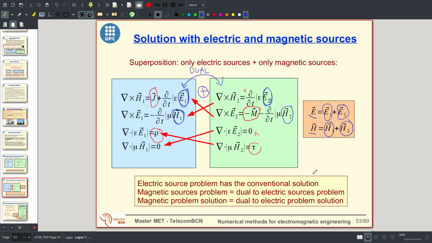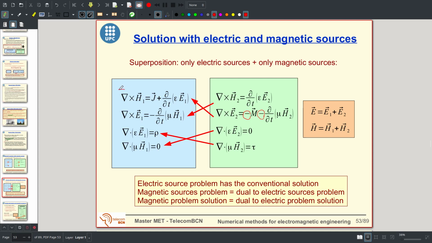This minus sign comes from this minus sign here. If we compare, these arrows show the equations that are dual.